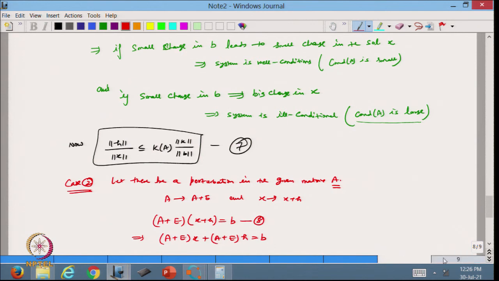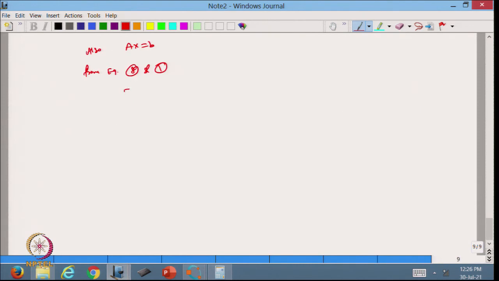So I get EX plus (A plus E)H is equal to 0, and from here (A plus E)H becomes minus EX.